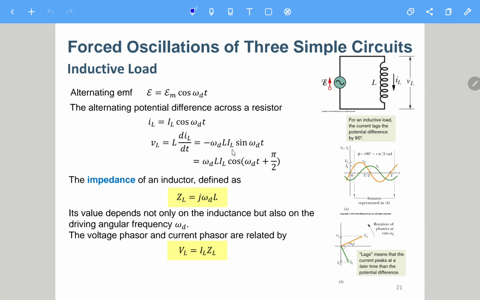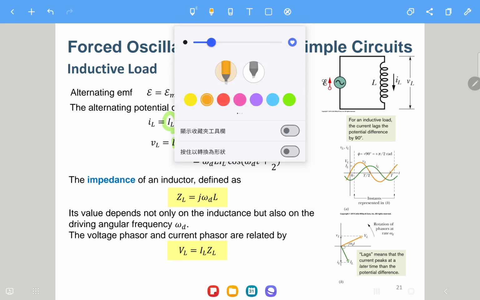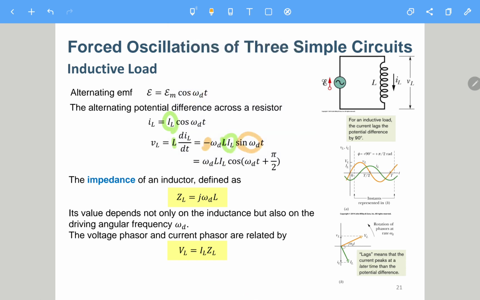So L moves to here, I_L moves to here, and the derivative of cosine becomes negative sine, and then the chain rule, omega_d comes out. So we have V_L equals negative omega_d L I_L sine of omega_d t. Similarly, this negative sine becomes cosine of omega_d t plus pi over 2.